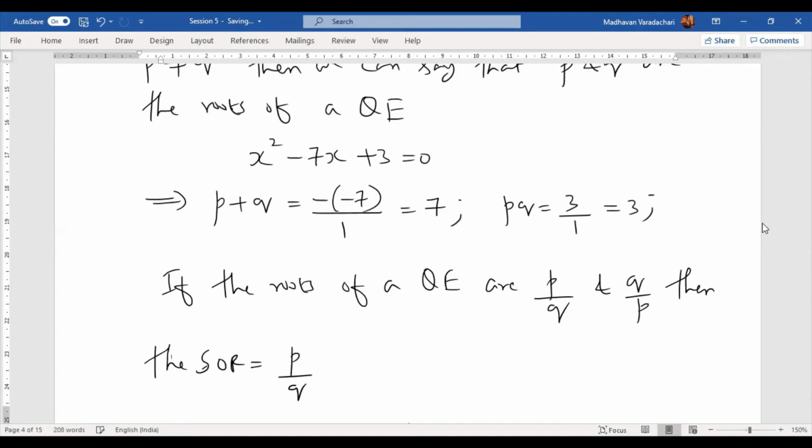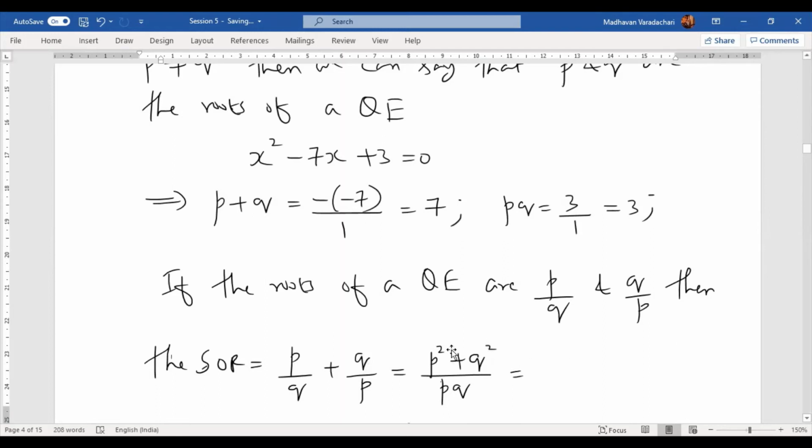P by Q plus Q by P. So I will take an LCM. LCM is Q into P. I can also write it as PQ. And then P into P, you will do multiplication. This P into this P, this Q into this Q. That means the numerator will have P square plus Q square.